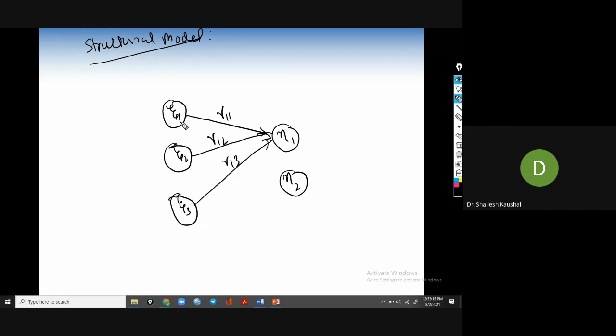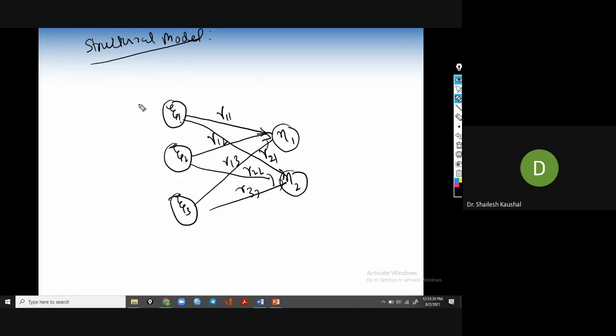Same as this, eta 2 is affected by xi1, so gamma 2 1, gamma 2 2 and gamma 2 3. It's a structure of equations, and these are the exogenous variables.